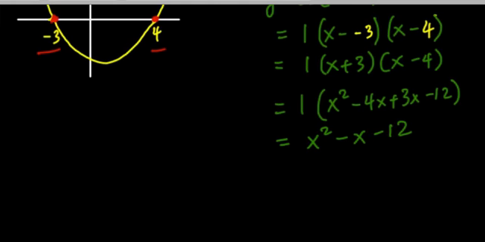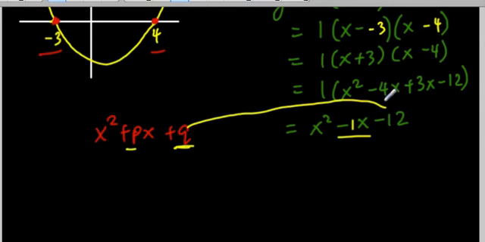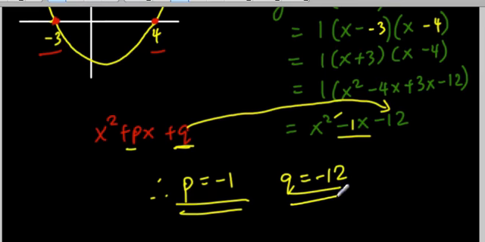So what we're looking for is x squared plus px plus q. Then basically the p over here will correspond to the negative 1 that we see over here, and the q over here will correspond to the constant that we see over here. So therefore, p is equal to negative 1, and q will correspond to the constant, so q is equal to negative 12, and therefore we have our solution.